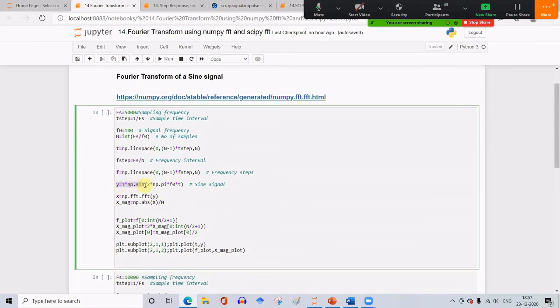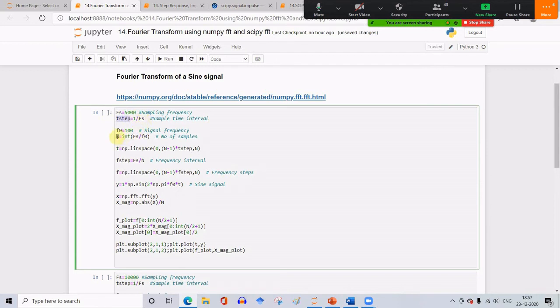Here I am first considering a sinusoidal signal y equal to 1 into np dot sine of 2 pi f naught t. This is the signal I am considering, with f naught equal to 100, so its frequency is 100. Let me sample it at a frequency fs of 5,000, and the time interval for this frequency is 1 over fs.